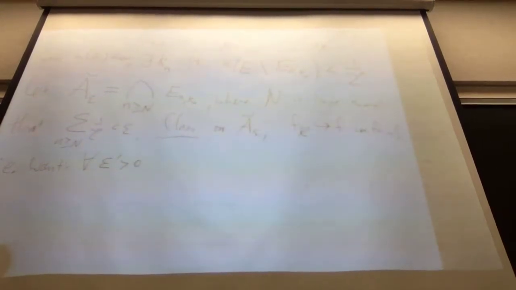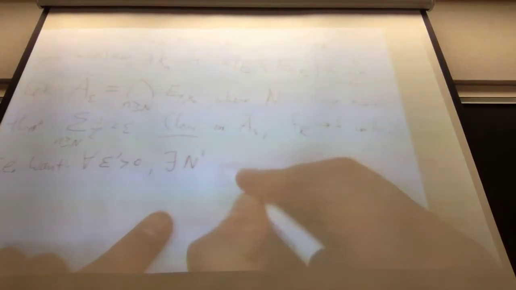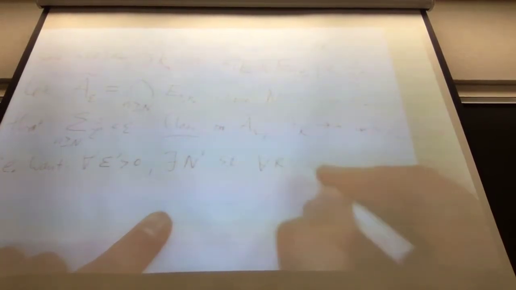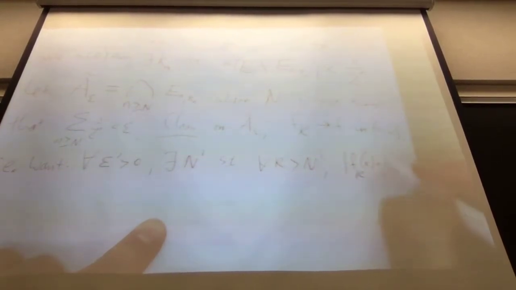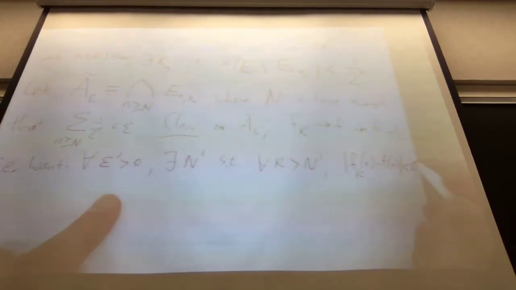For every epsilon prime, what would it mean to be uniform? For every epsilon prime, there exists some n prime such that for all k greater than n prime, |fk(x) minus f(x)| is at most epsilon prime, and that's for all x in A twiddle epsilon.